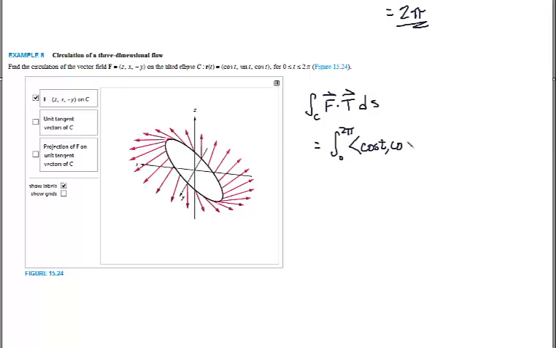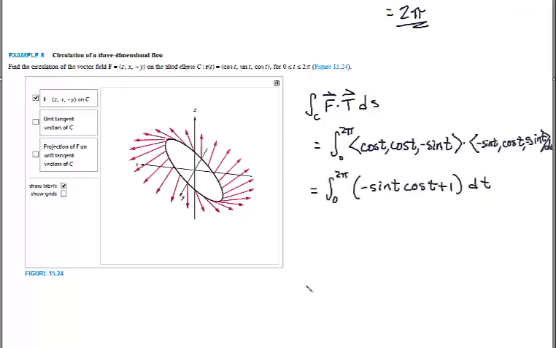We've got cosine t, minus sine t for the minus y, dot product, and in this it's just the derivative of my r, and I'll write this algebra down. Alright, and doing that dot product and then just combining a little bit, and computing this integral, I will get 2 pi. All finished with this one.